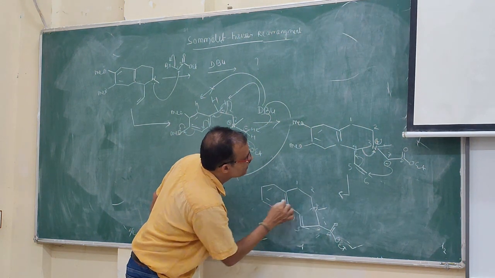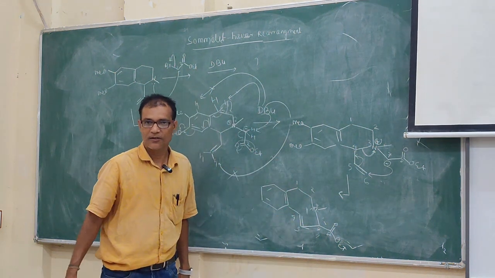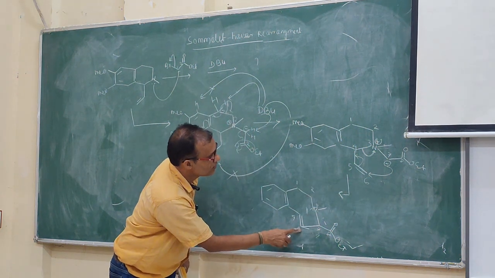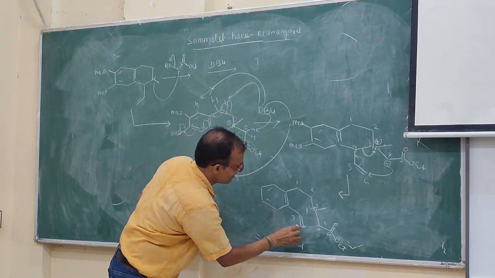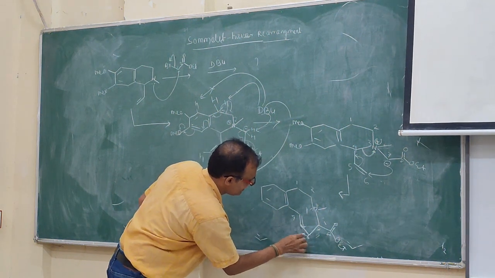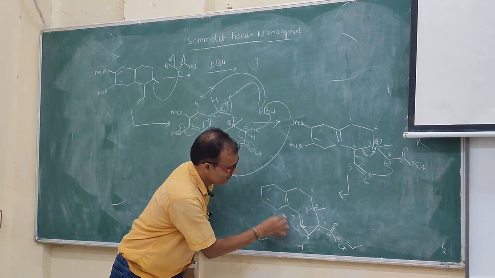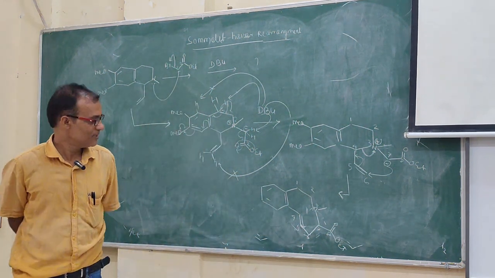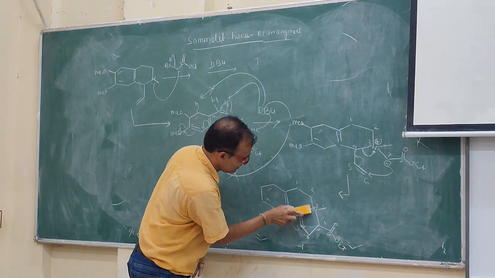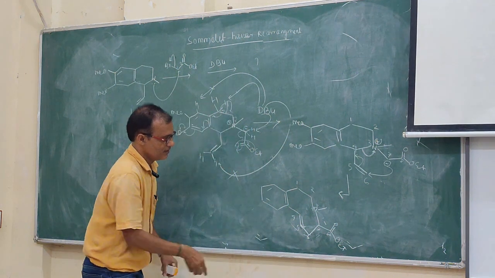See, the 3-4 bond breaks. A new bond forms between 7 and 6, and one more will be here. Then this will be 5. That means the ring now breaks and becomes larger. See, this is a double bond. So this is the final product.